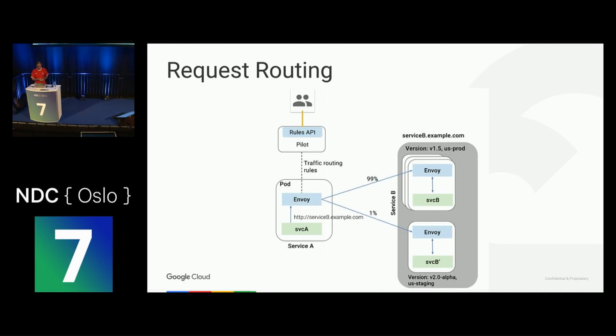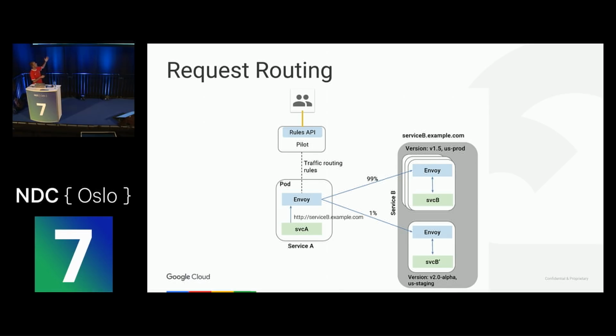So for example, if your service A wants to make a call to service B, it will just make a call to serviceb.example.com. This will go to the Envoy. Then Envoy will ask the pilot, where is the service? Pilot will use Kubernetes service discovery to figure out where it is, and then it will route you to that service.